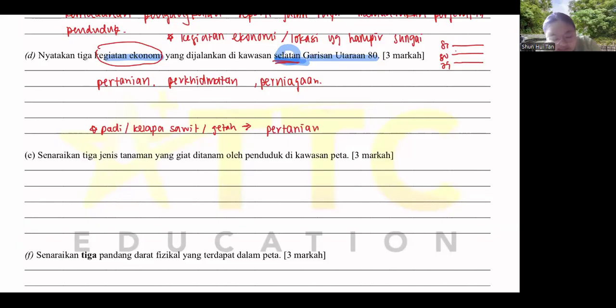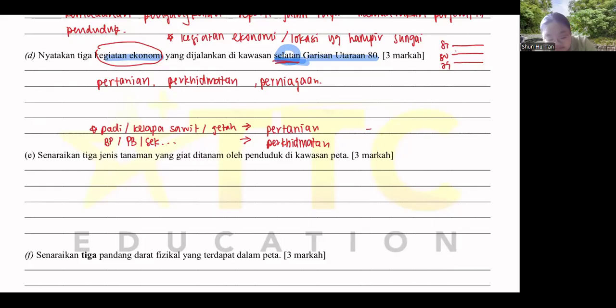Okay? If you see balai polis, pejabat pos, sekolah, and so on, services, perkhidmatan. Okay, but there will be some rare ones. Yes, bangunan, you can write perniagaan. Okay, because if you don't have enough points, you can write perniagaan, right?